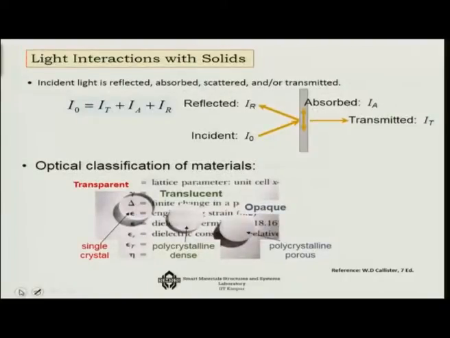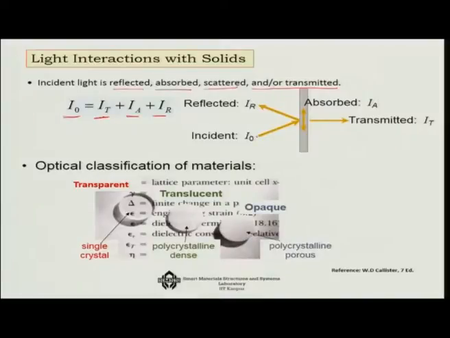Next is light as an electromagnetic wave, when it falls on a solid, what happens to it? Well, the incident light, when it falls on a solid, can either be reflected, absorbed, scattered, or transmitted. So, we can write that the incident light I0 is going to have at least three parts: IT, IA and IR.